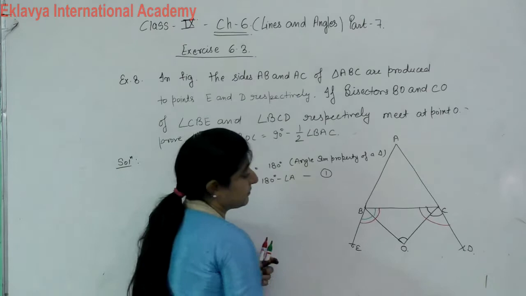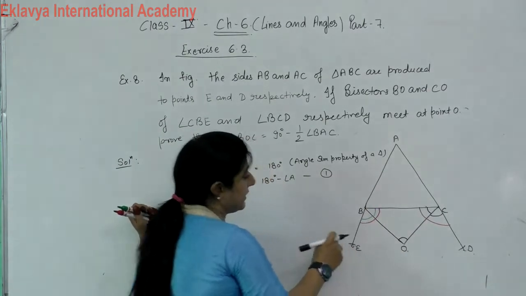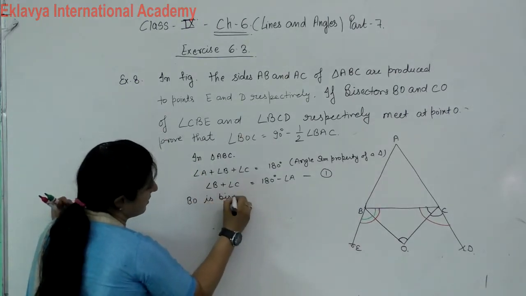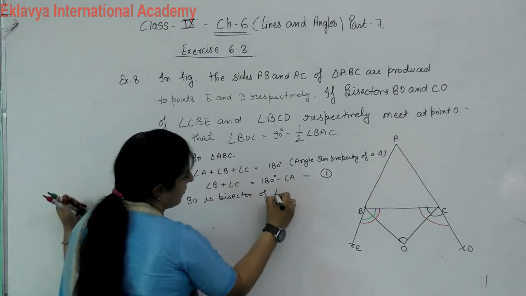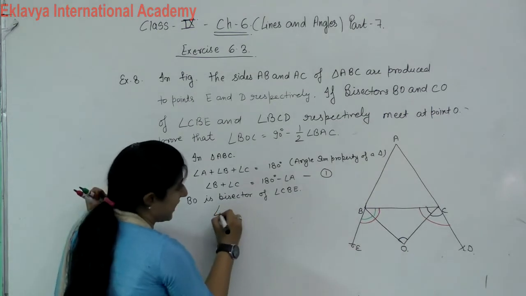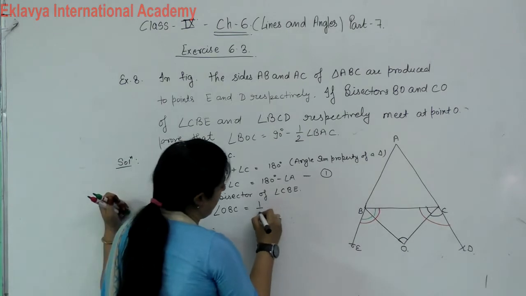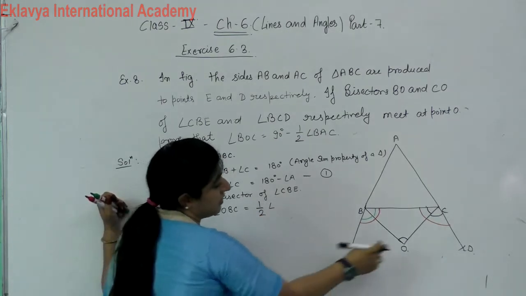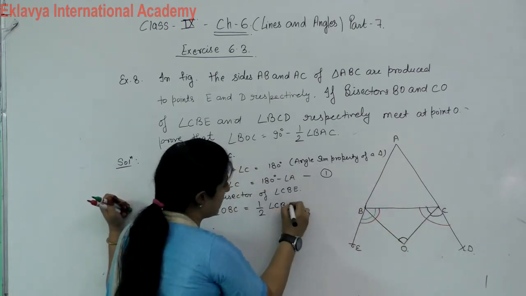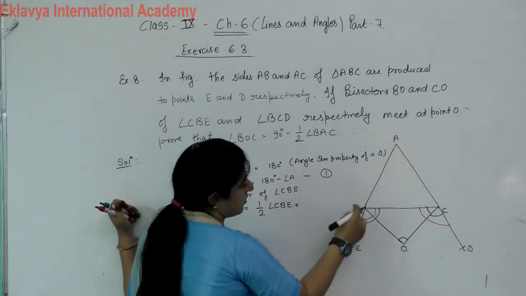Now come here. BO is the bisector of angle CBE. It means I can write that angle OBC is equal to half of angle CBE, this is also OBE.